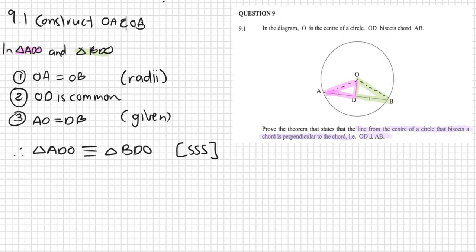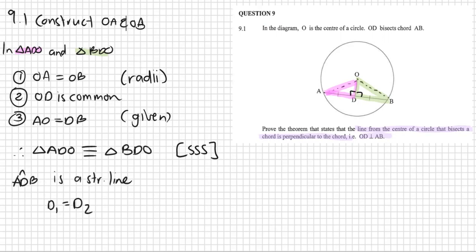So the next thing, we say that ADB is a straight line. Angle D1 is equal to angle D2, and this is because of the congruency.